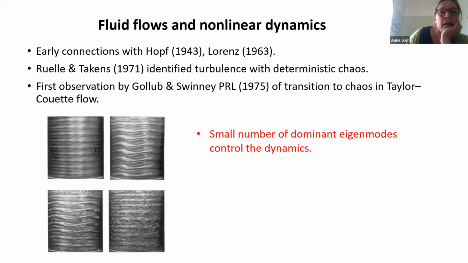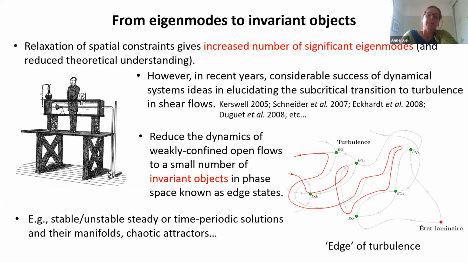Now, if you relax these spatial constraints, then that naturally will give you a much increased number of significant eigenmodes, and that will be associated effectively with a reduced theoretical understanding of what's going on.